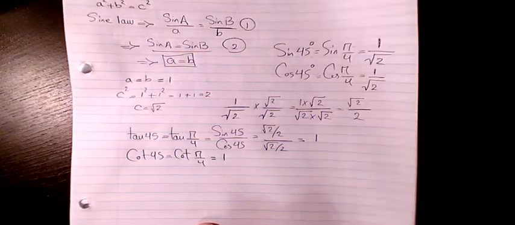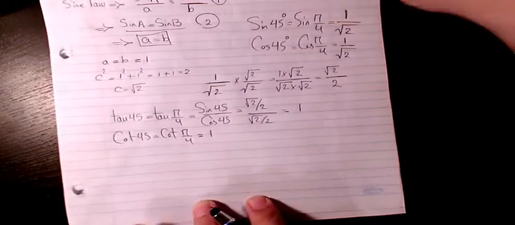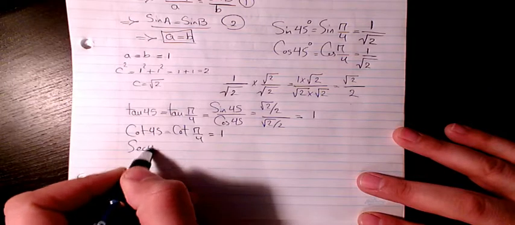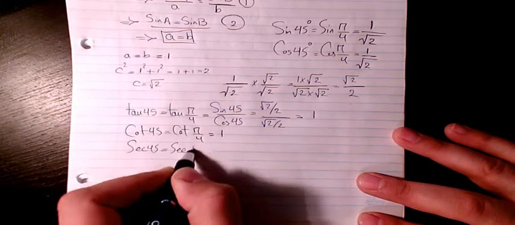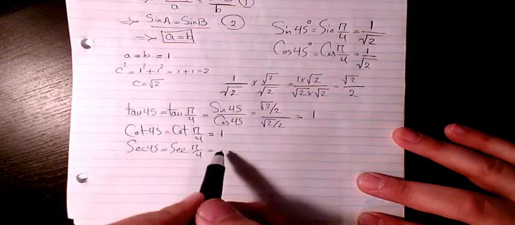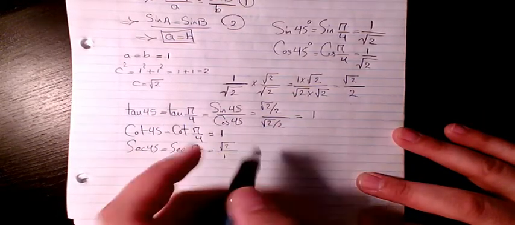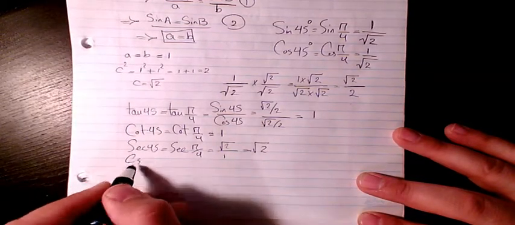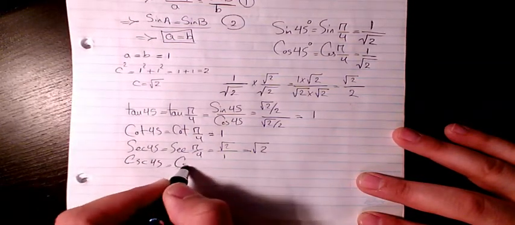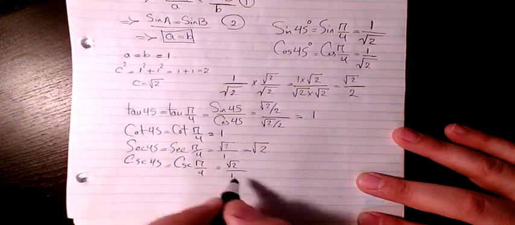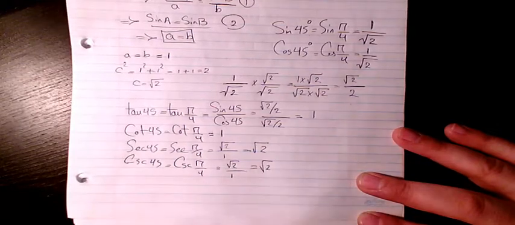So it will be equal to 1. And for the other two, secant 45 or secant pi over 4 is the inverse of cosine, so we have root 2 divided by 1, or root 2. Cosecant 45 or cosecant pi over 4 will be equal to root 2 divided by 1, and it's going to be root 2 as well.